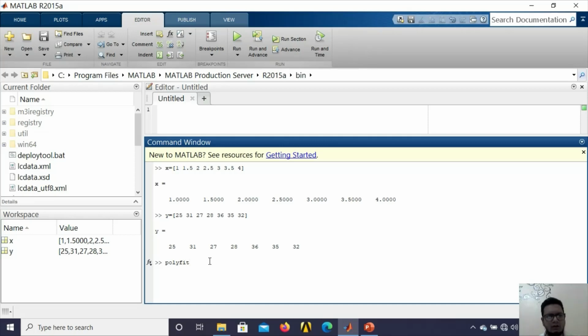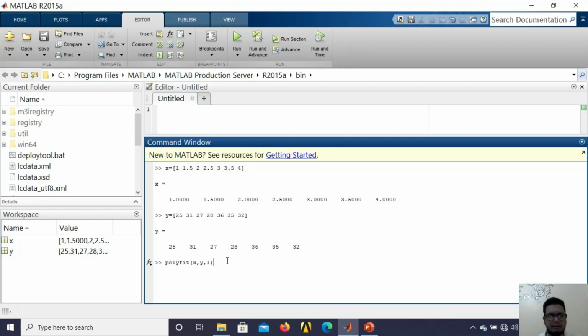It is a very strong algorithm, and many people use it to fit curves to their experimental data. I recommend you go to my previous lectures and understand the linear least square method. So polyfit: write your independent variable x first, then your dependent variable y, comma 1, because for linear least square the power is 1.